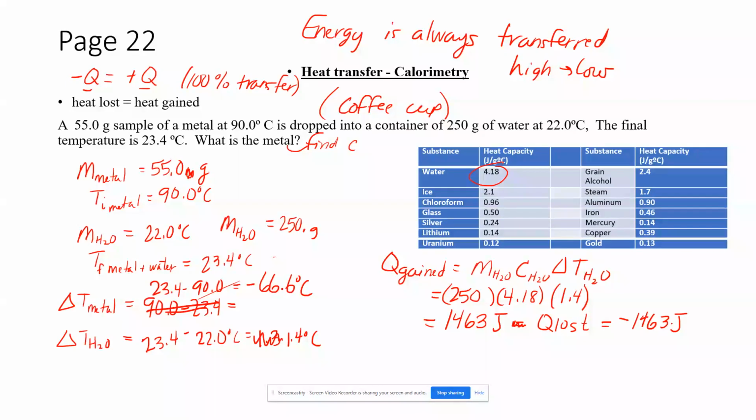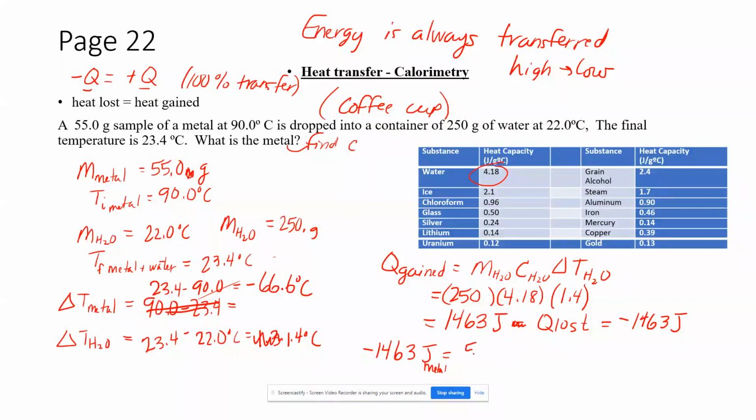The quantity is the same; the only thing that changes is the sign, because heat lost equals heat gained. What are we going to do next? Let's use the same formula. Now I know the heat, 1,463 joules, and this is all going to be for the metal. That's the heat lost by the metal.